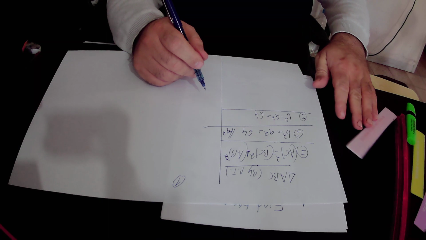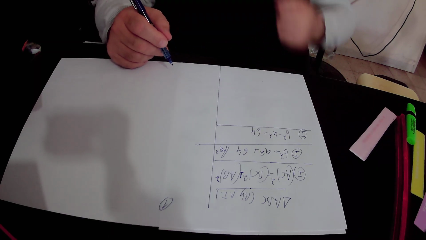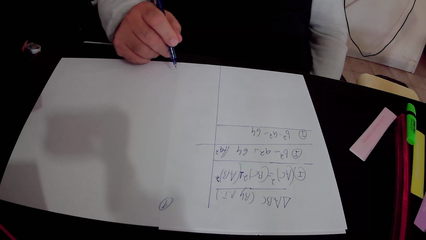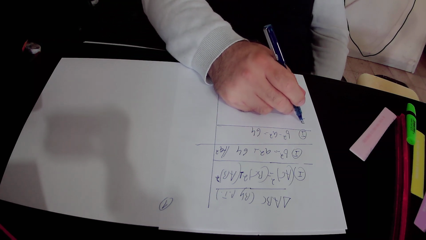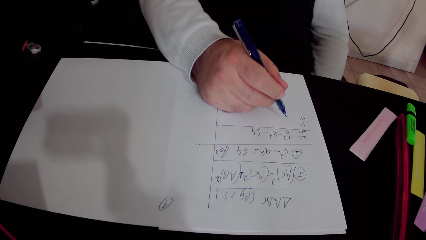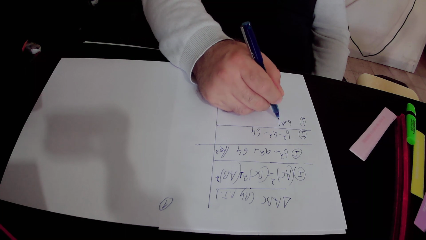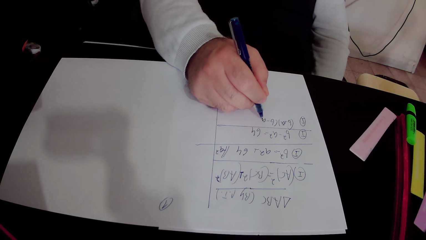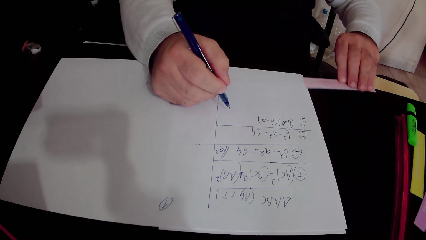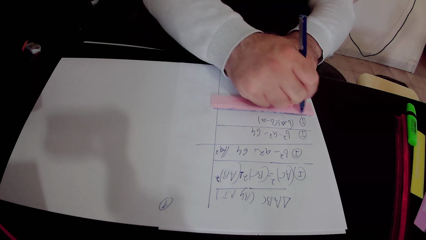According to the algebraic identity, B squared minus A squared equals B plus A times B minus A. So we substitute B squared minus A squared by B plus A times B minus A, and it is equal to 64 according to equation number 1.